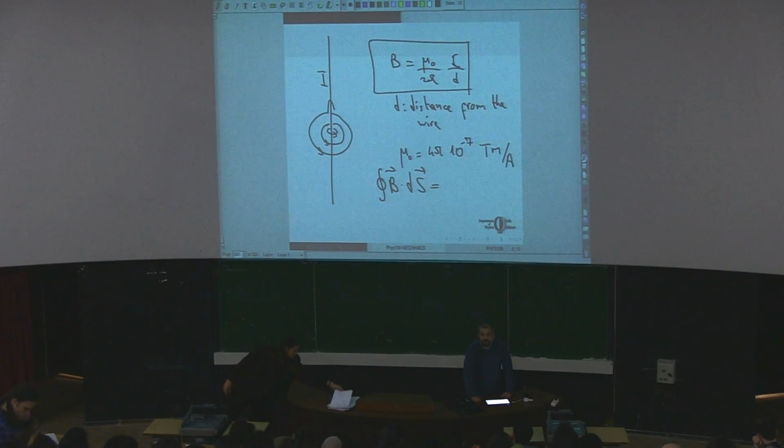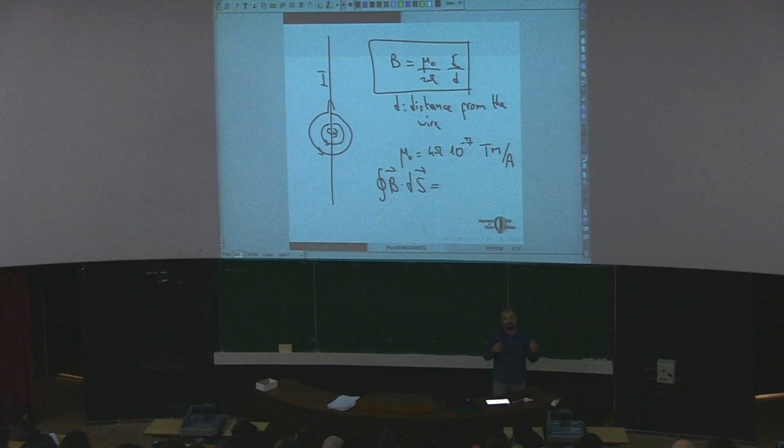Okay, the magnetic field lines are always closed. So if you take a closed surface, they always enter the surface and leave the surface. Magnetic field lines cannot start inside the surface, cannot end inside the surface. They don't have ending points. So this would be 0. Okay, so this wouldn't be useful to determine this kind of a law.